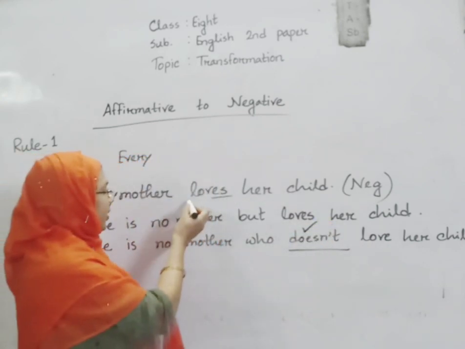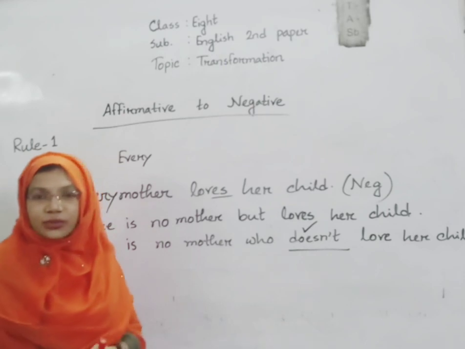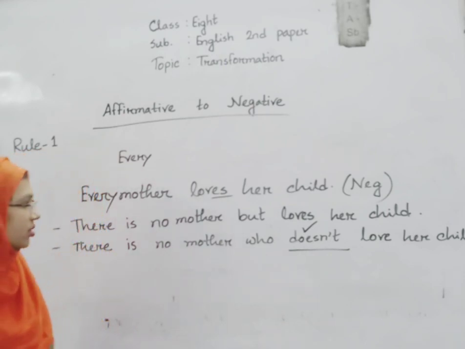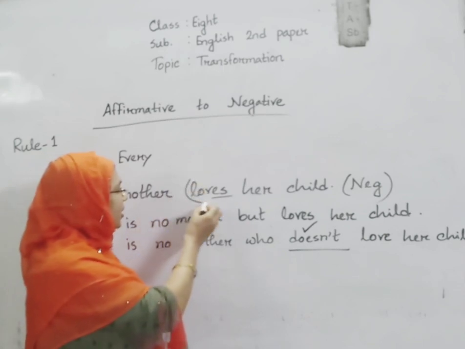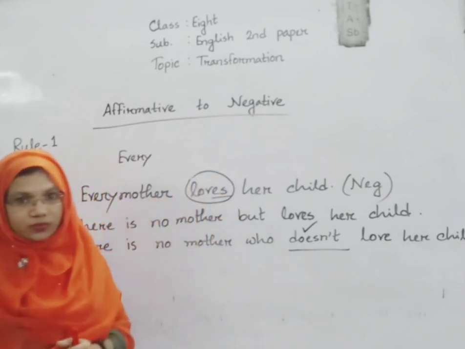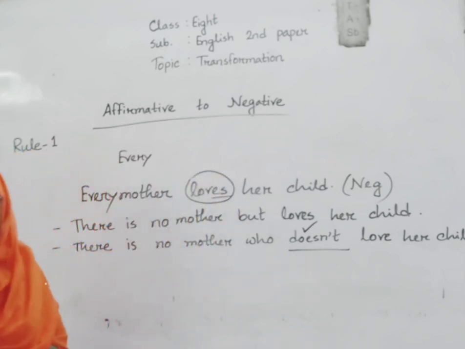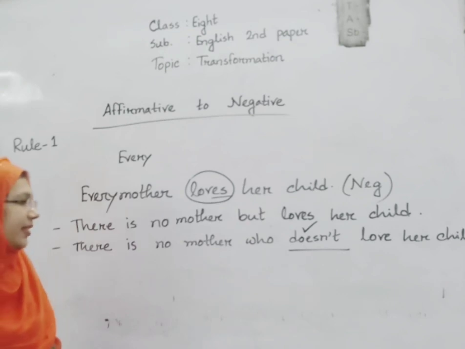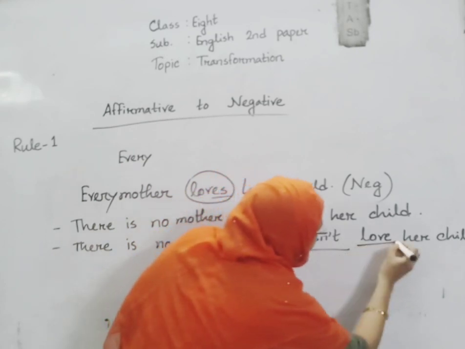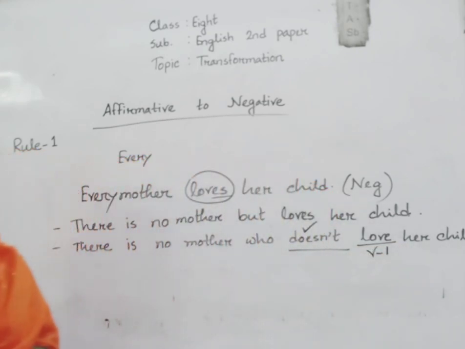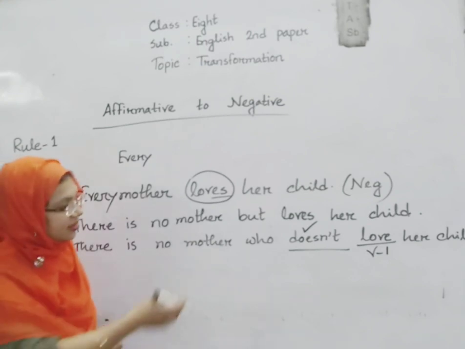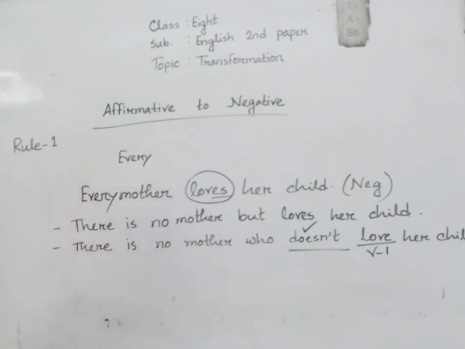If the verb is in V1, we have to take don't. And if the verb is in past form, we have to take didn't. But after that, the verb will always be V1. That means the present form of verb.